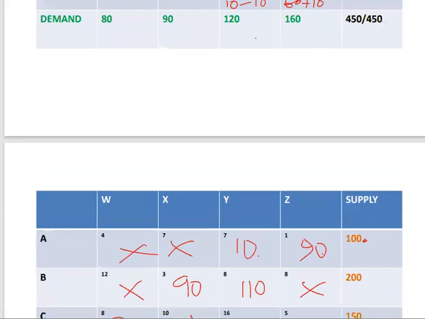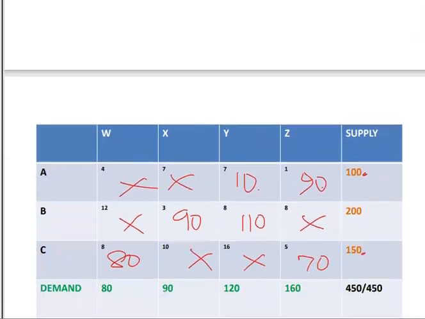Then we have BZ. Okay, we have BZ, CY, CZ.